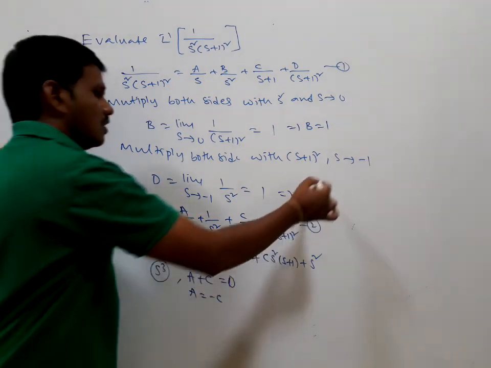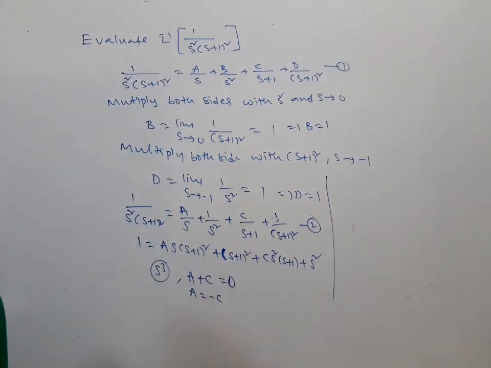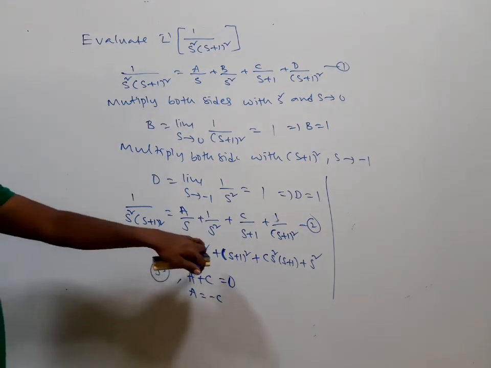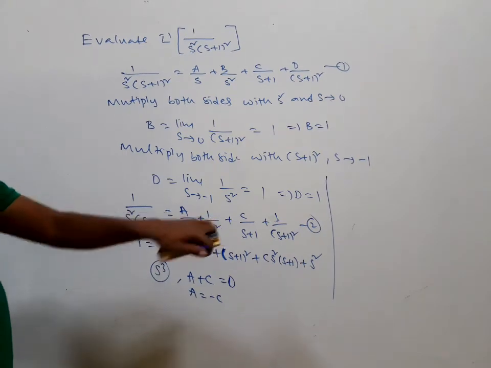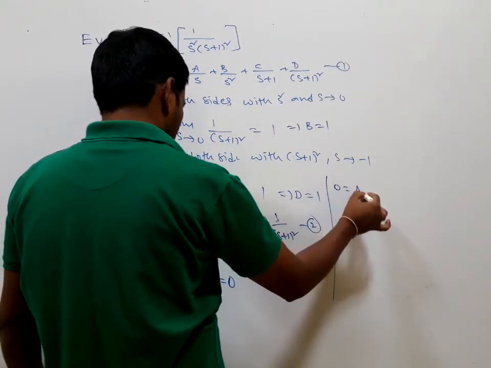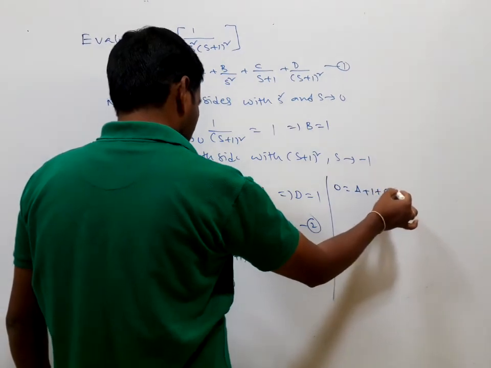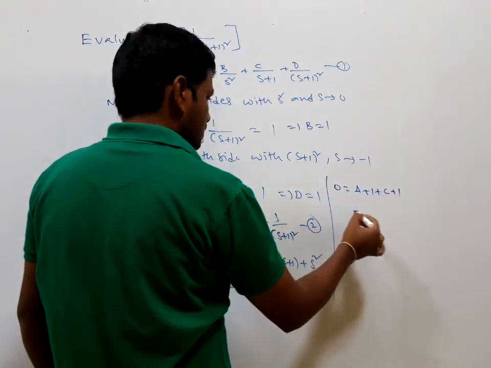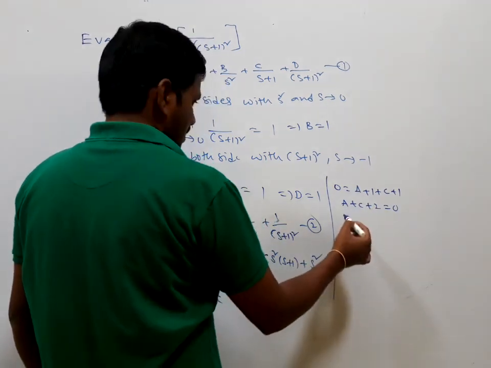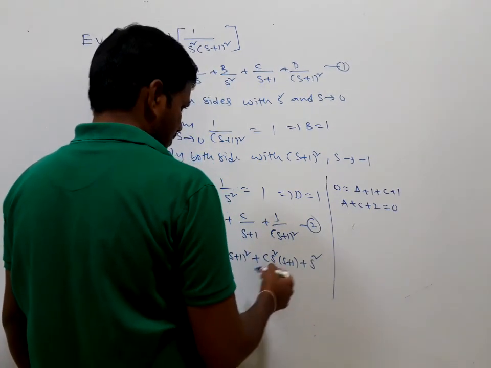Next, if we go for s square we have a plus 1 plus c, 0 is equals to a plus 1 plus c plus 1. So here a plus c plus 2 is equals to 0. Here a is equals to minus c we have.